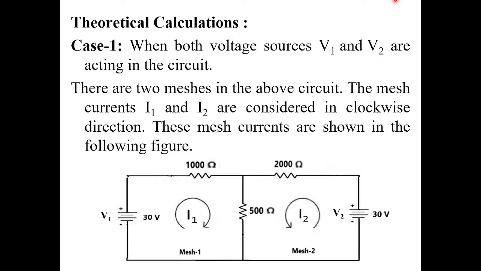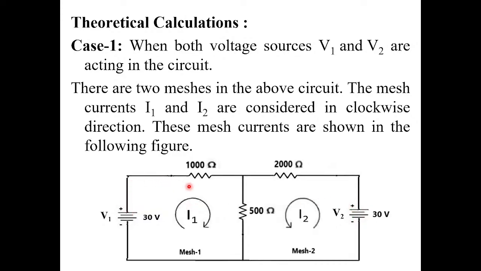So here what I have done is simply depend on the sources. I have just looked at the sources. You can see the positive terminal is upward, and here also the positive terminal of this source is upward.